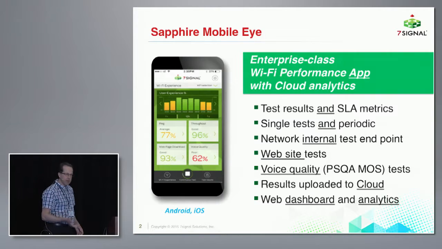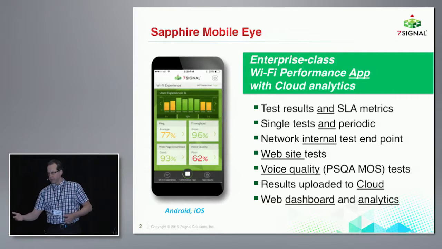So what the app does, it performs a number of different measurements. You can make the app perform continuous measurements or periodic measurements or make single measurement. Another interesting point on this is that we have a test endpoint which can be put inside your network.